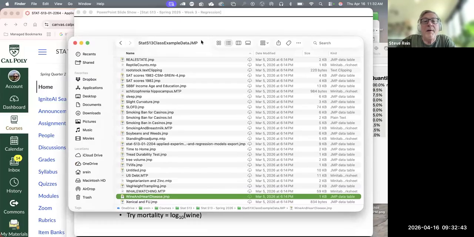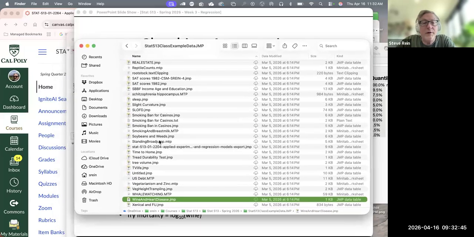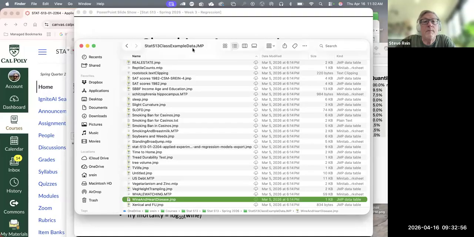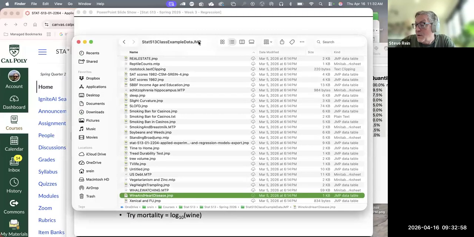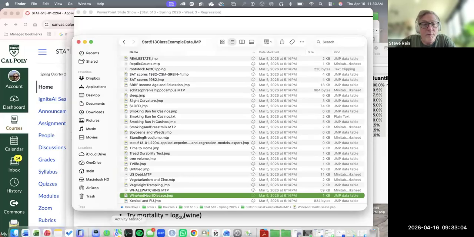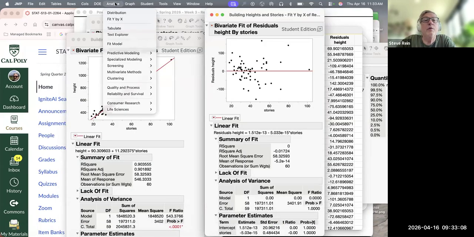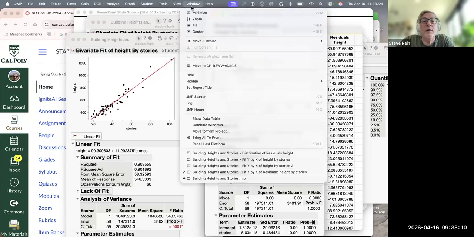It looks as though my mouse wants to move. Okay, I can close that. There we go. Okay, wine and heart disease. That is not working for me. And rather than figure that out, I'm going to go right into Windows.